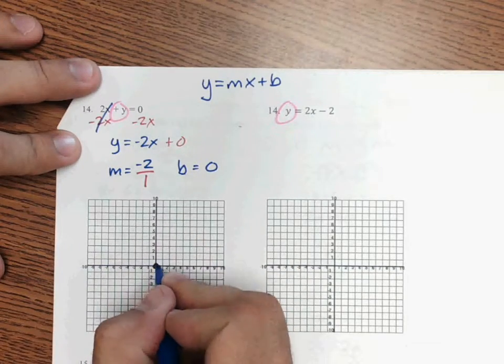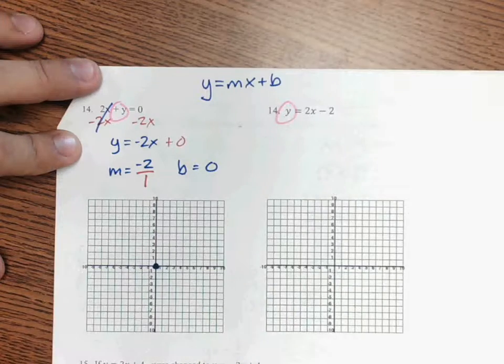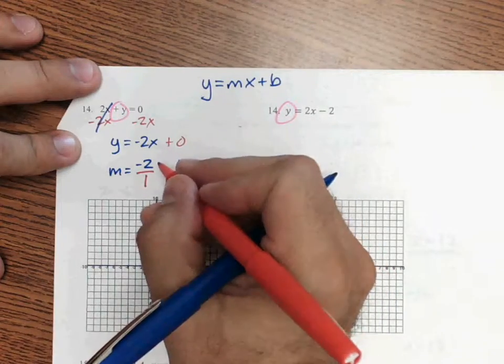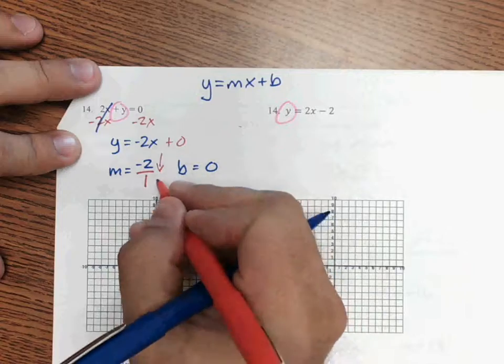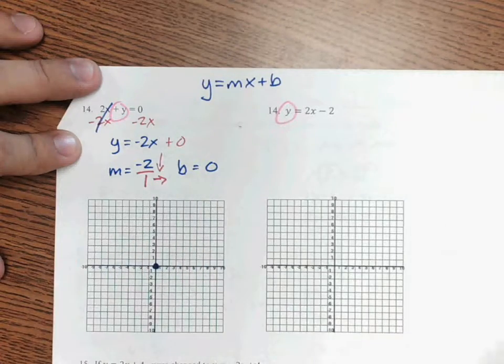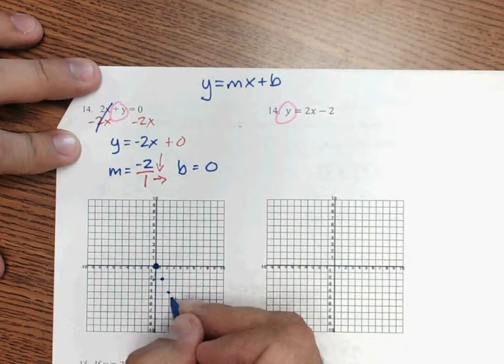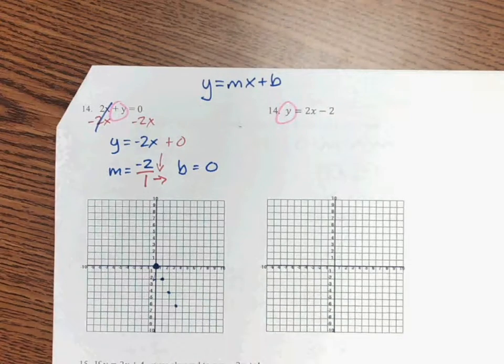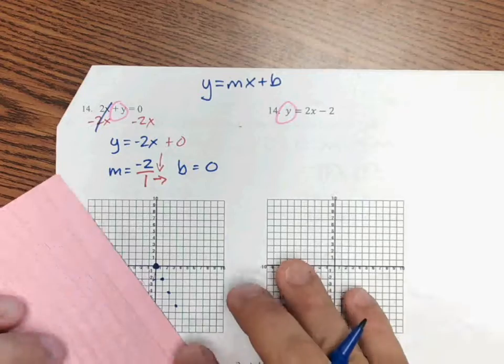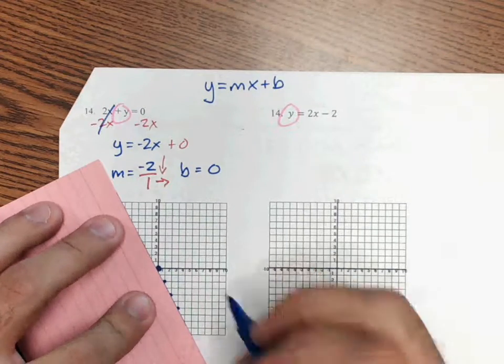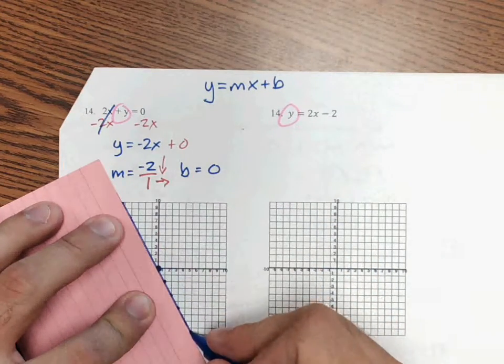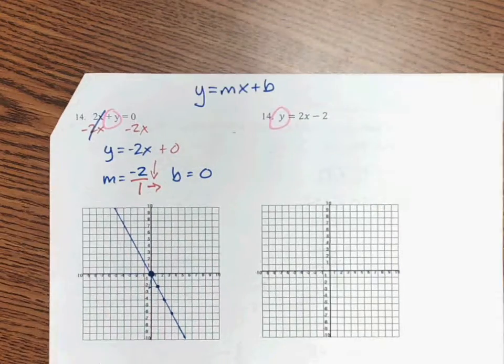My origin is my y-intercept. -2 for rise means down. +1 for a run means right. So I'm going to start at the origin, down 2, right 1, down 2, right 1, down 2, right 1. 4 points is plenty. I'm going to use my index card here to draw a straight line. Okay, that's that one.